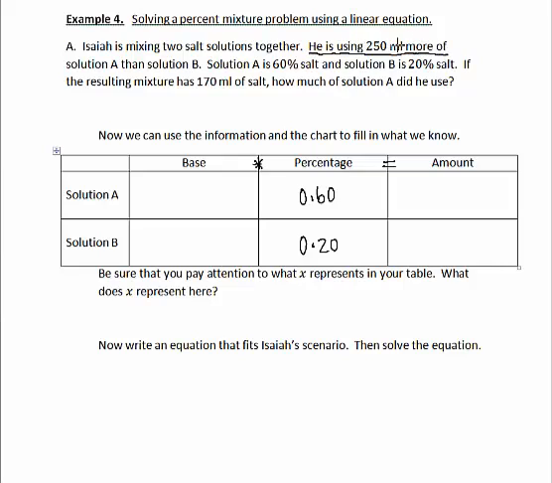He is using 250 milliliters more of solution A than B. Okay, so you may have to read that a few times and think about it, but what we're told here is we want to come up with a variable.